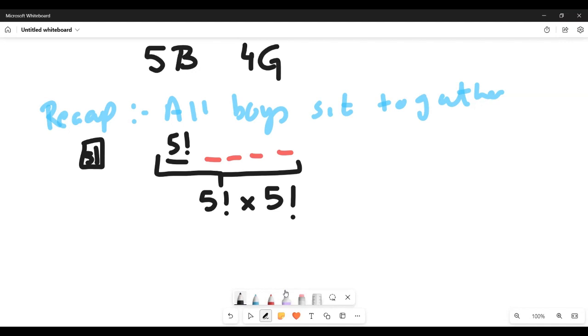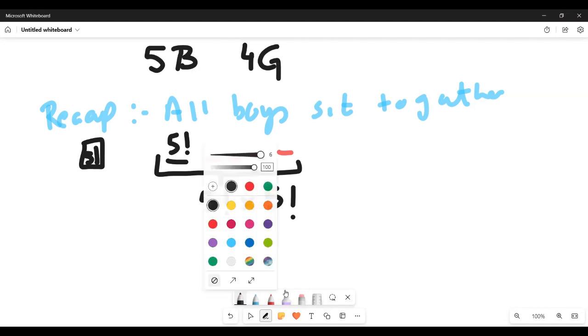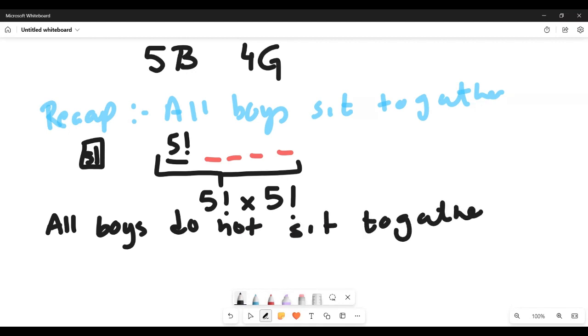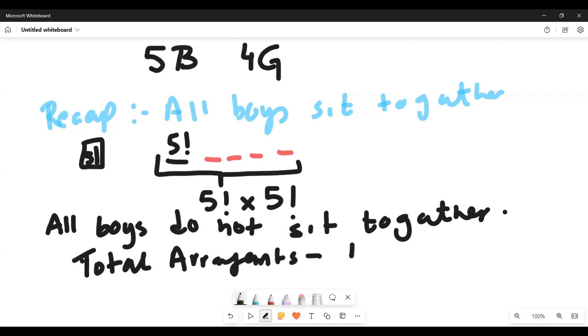We had already discussed this. Now the new question is, all boys do not sit together. So for this, what you'll do, you'll calculate total arrangements minus all boys sit together.